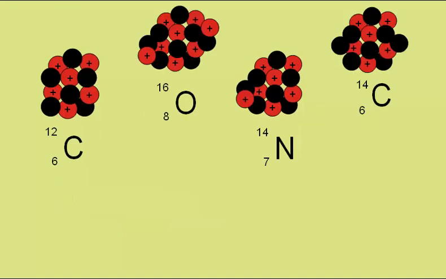Here we have a selection of different nuclides, or types of nucleus. We have carbon-12 here with 6 protons and 6 neutrons. We have the other isotope, carbon-14, that we met earlier with 6 protons and 8 neutrons. We have oxygen with 8 protons and 8 neutrons, and nitrogen with 7 protons and 7 neutrons.